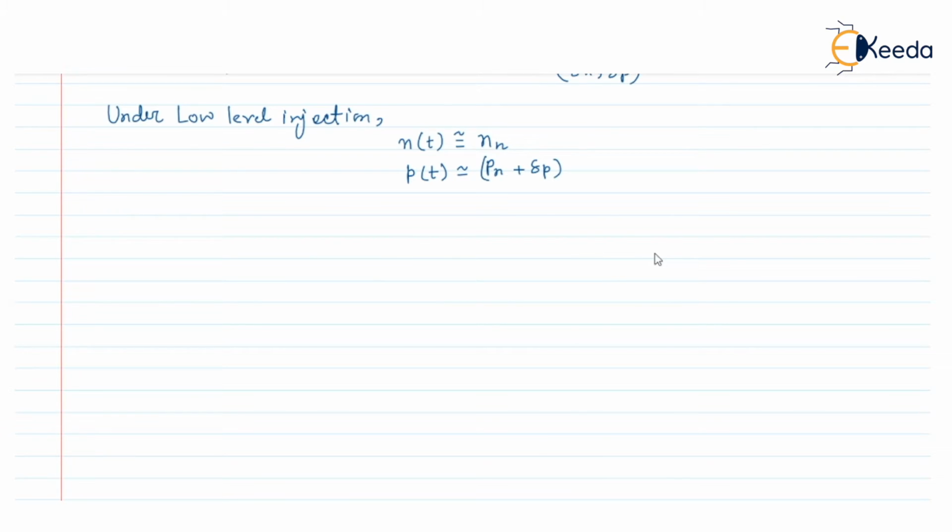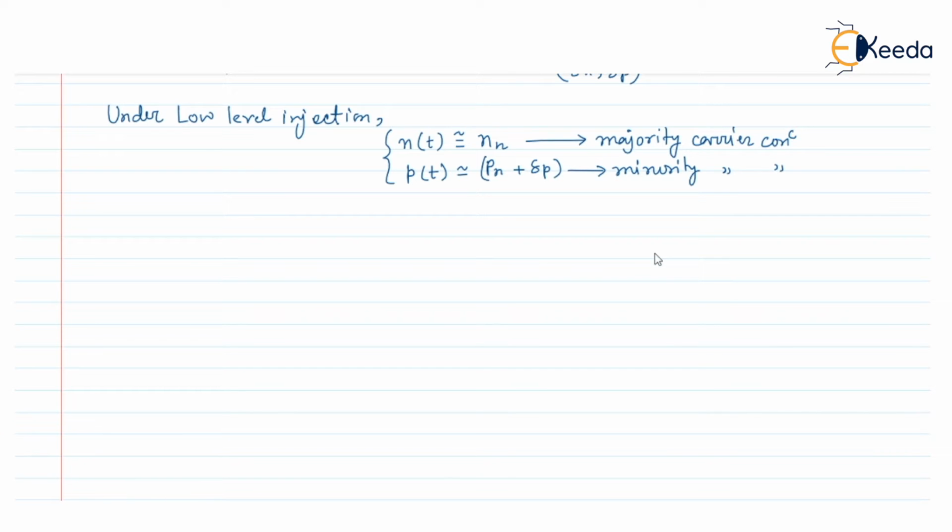In the N-type semiconductor, the majority carrier concentration is the electron concentration, and this is the minority carrier concentration.